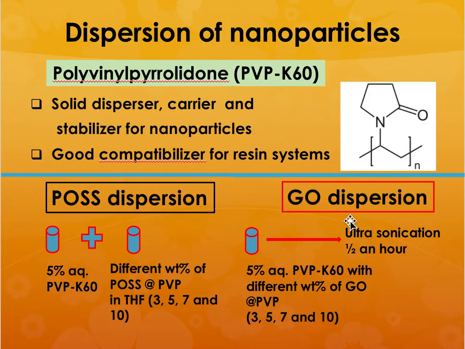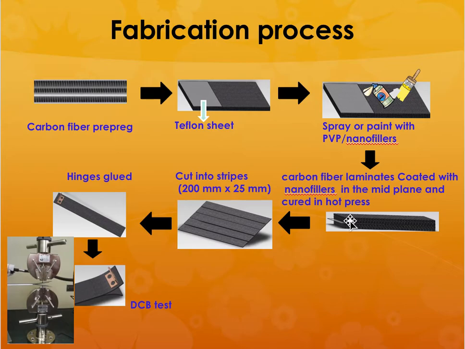And we dispersed that in a solution of polyvinyl pyrrolidone. It's a good compatibilizer with resin systems, and then you sprayed that or painted that on the fabric between the prepreg layers, and the fabrication process is given here.